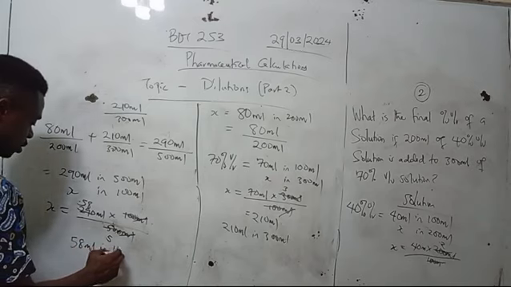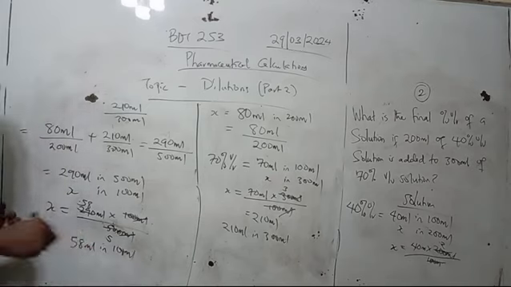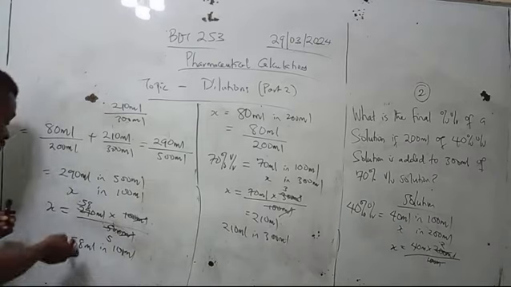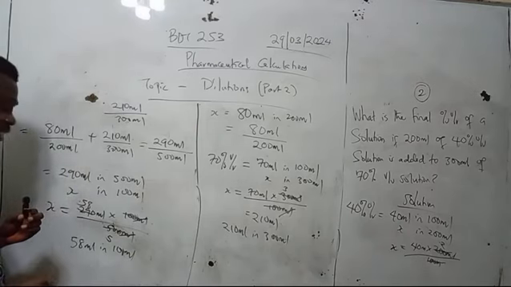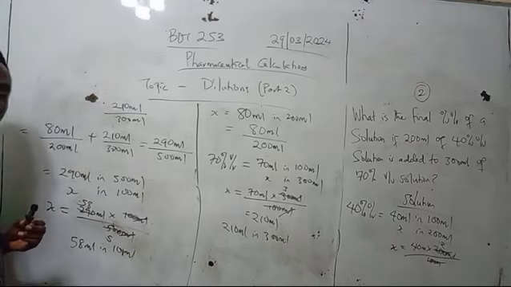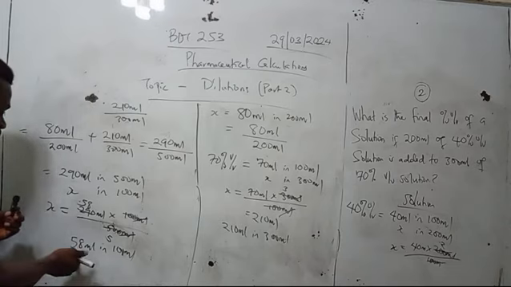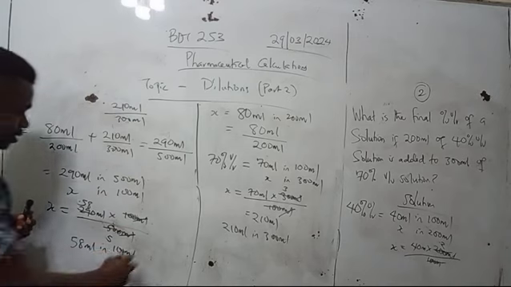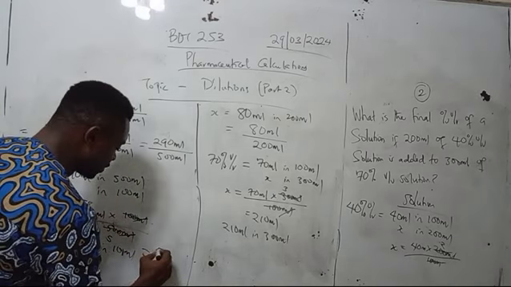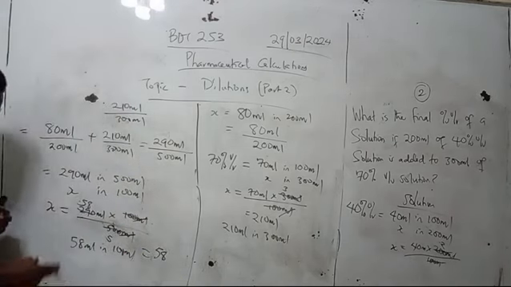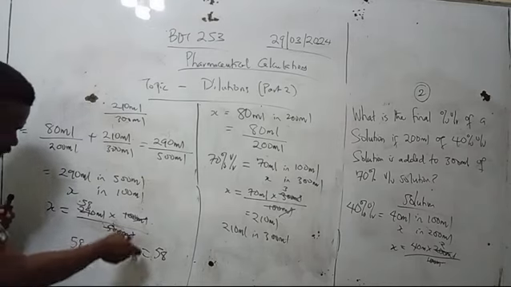If you watch, the first solution was at 40%. The second solution was at 7%. When you mix them, the concentration of the weaker one comes up a bit and the concentration of the stronger one goes down. So the final solution will have a concentration somewhere between 40 and 7%.